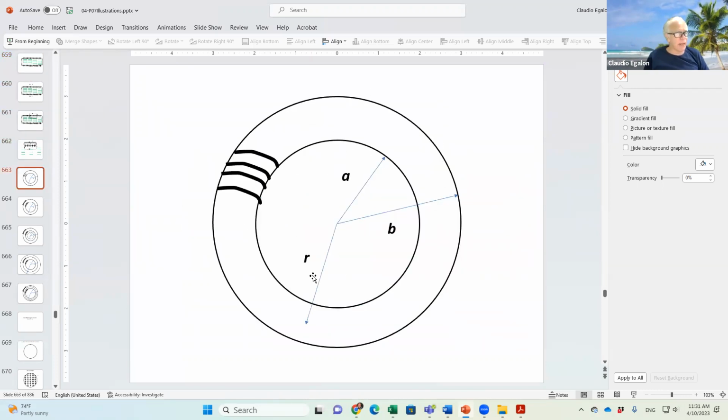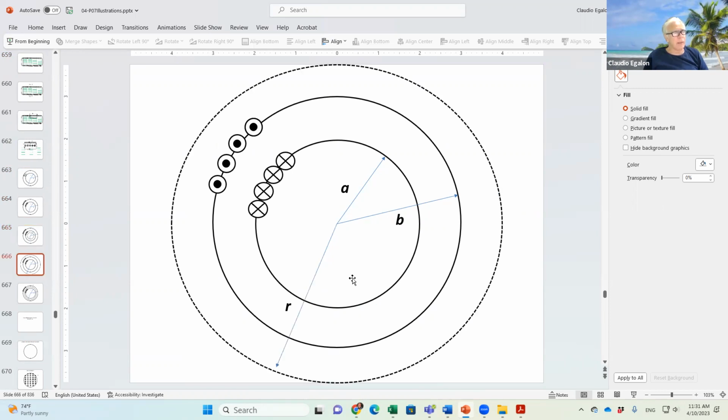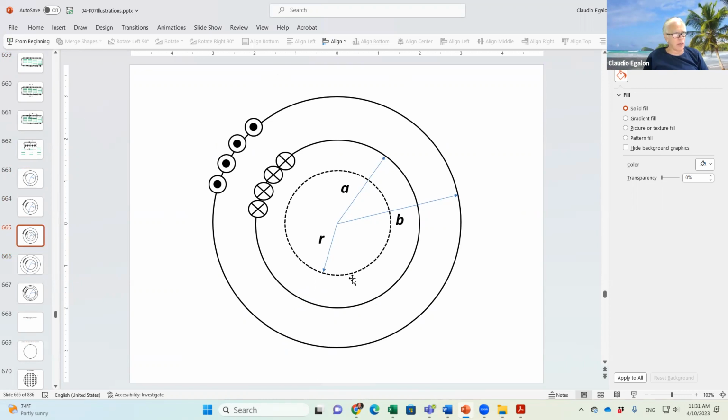We can do the same thing for the toroids. I'm not gonna do that here. Try to figure out on your own, too, how to apply Ampere's law to determine the magnetic field in the toroid. The toroid is a donut shape, okay? The magnetic field here in this region is going to be 0.